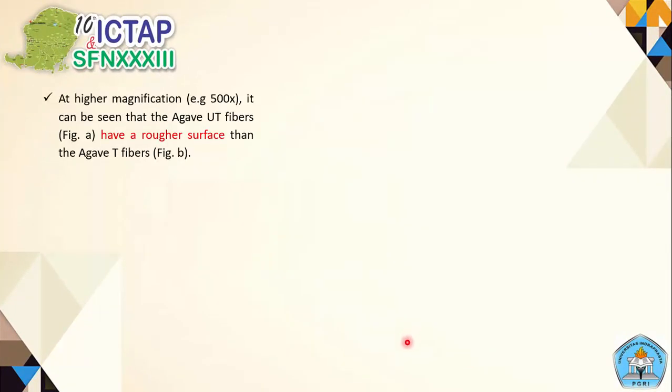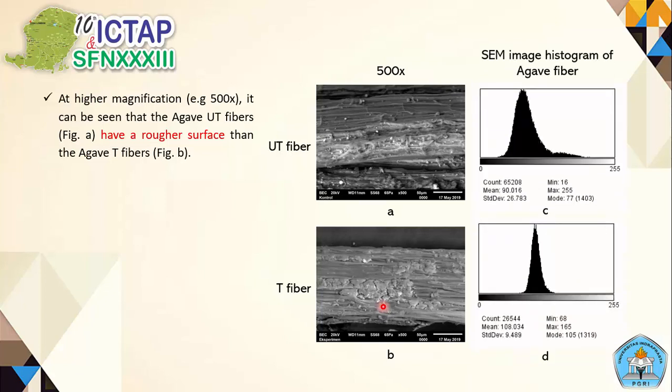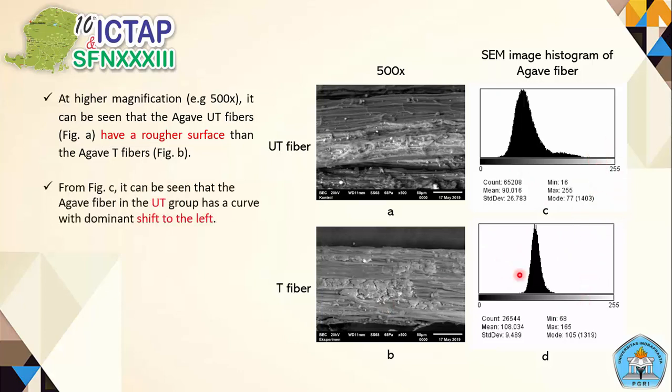At higher magnification, for example at 500 times, it can be seen that the untreated agave fiber, like figure A, has a rougher surface than the treated agave fiber, like figure B. Quantitatively, the magnitude of the increase in the strength of agave fiber can be seen in the histograms of figures C and D. From figure C, it can be seen that the untreated agave fiber has a curve with a dominant shift to the left, to black color.